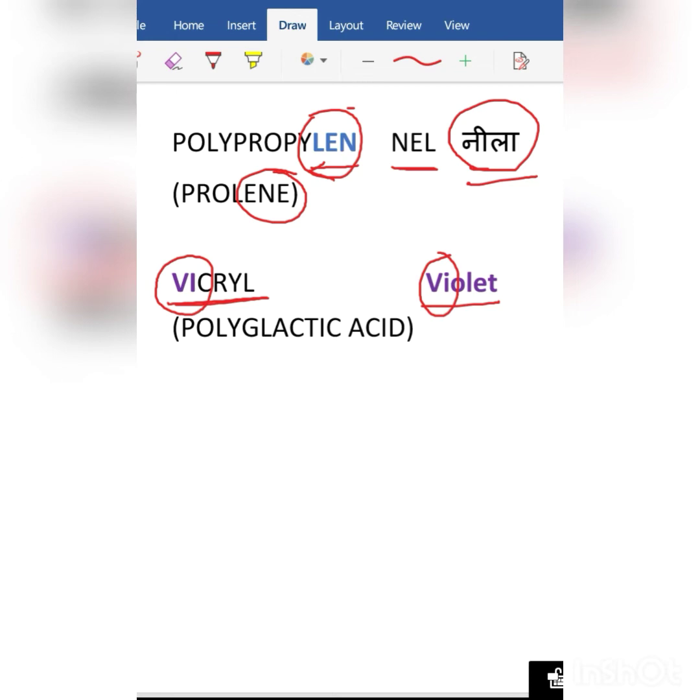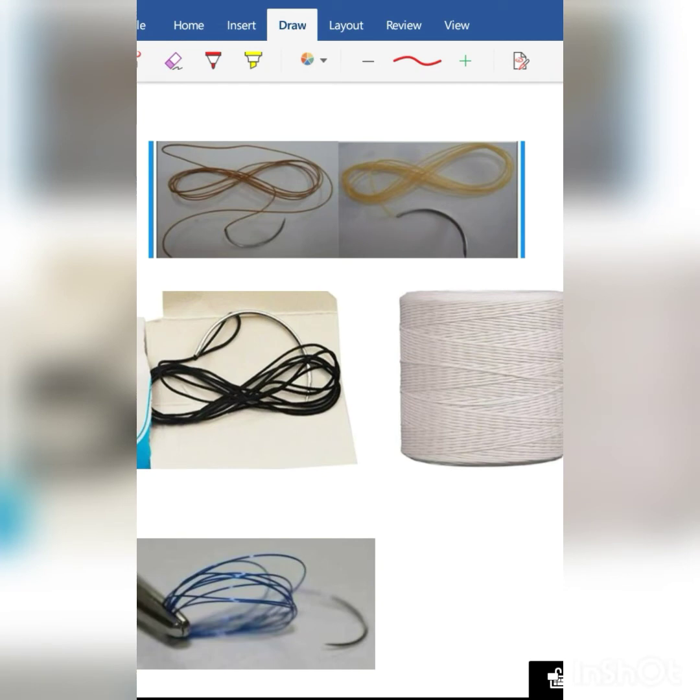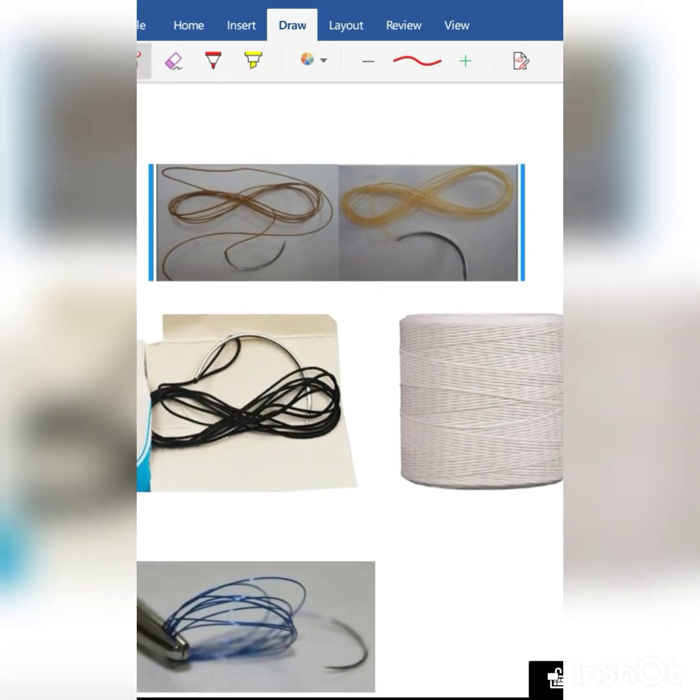So let's revise it. What is this first suture? It is brown. Remember the brown cat? It is chromic catgut. Which is this suture? This is yellow. Remember the yellow cat? Catgut. Which is this suture? It is black.